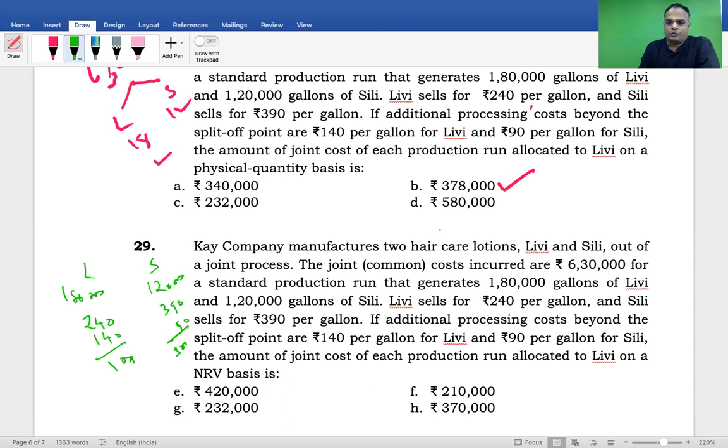Okay, so we have to change the answer. It is 1:3 only, no? Yes, divided by 4. 1,57,500. That answer was missing, am I right? 1,57,500. Okay, that's the correct answer. Are you comfortable? Yes, sir. Good.